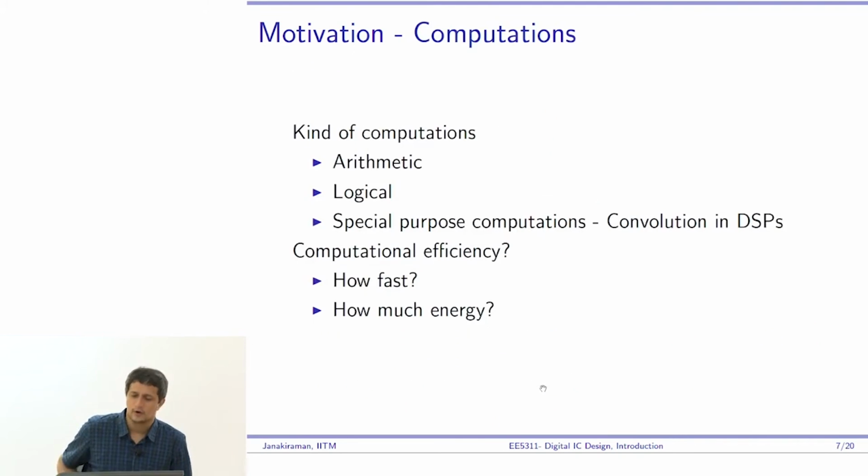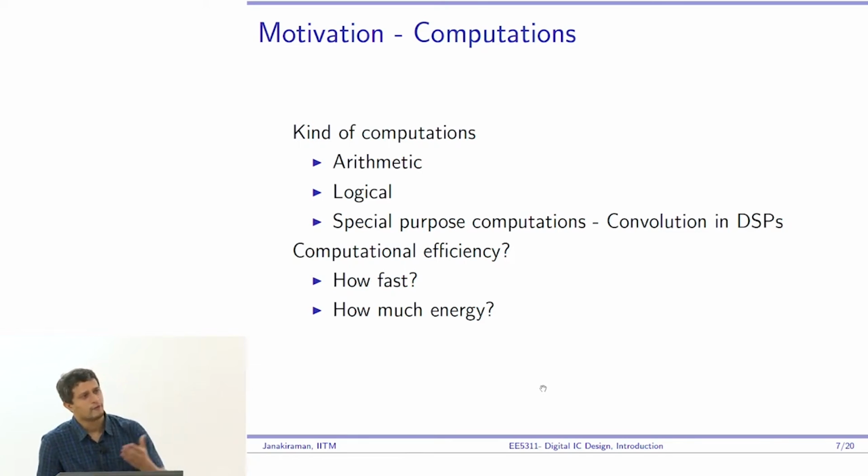So what are these kind of computations? These computations are essentially, not surprisingly, arithmetic and logical. Everything you can boil down to a simple addition, multiplication, subtraction, or logical operations, maybe bitwise ANDs, ORs, XORs, and so on.